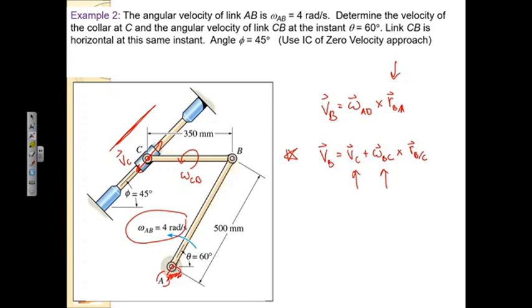So this is the vector I'm trying to figure out, A to B. Can break that into its x and y pieces. Cosine 60 degrees I plus sine 60 J. Okay?